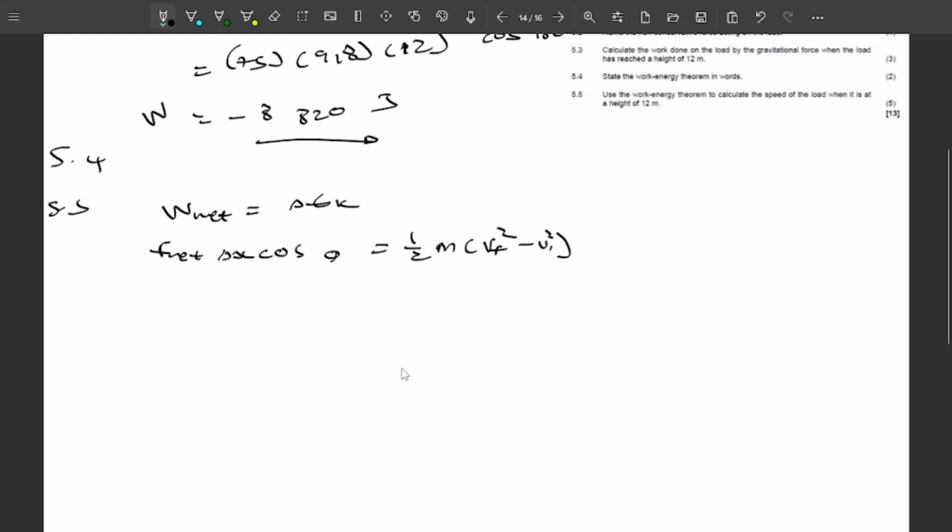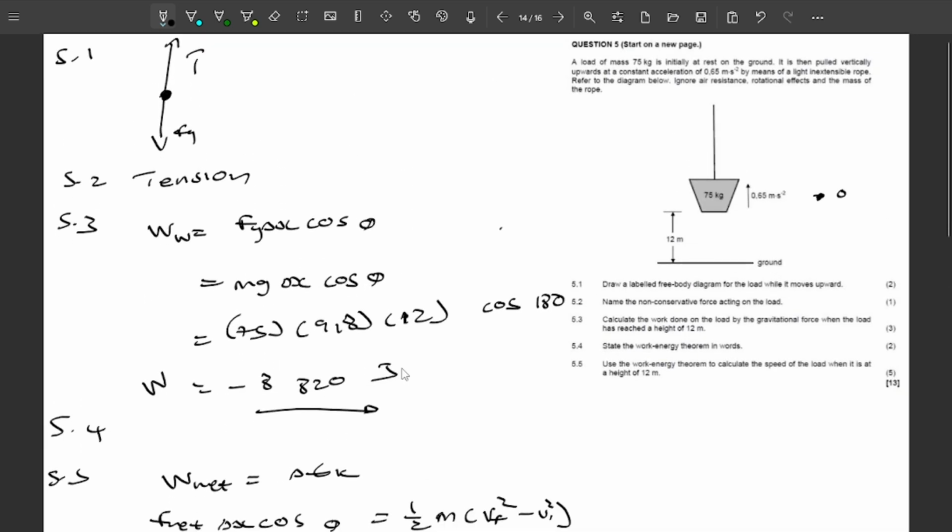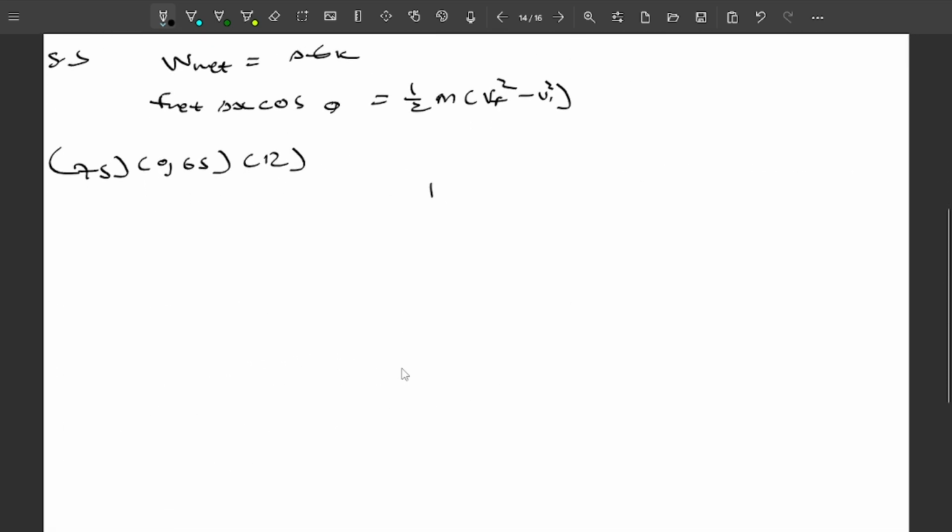So on the F net, we're going to say 75 multiplied by 0.65 multiplied by 12. Now the 12 is the distance, and the 0.65 is the acceleration, right? Constant acceleration. Remember that a force is defined by ma.